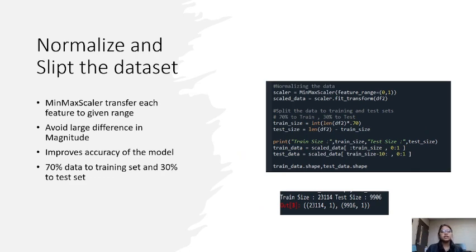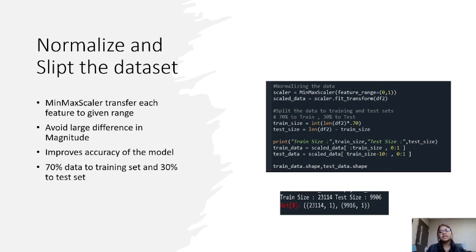Then the dataset is normalized using MinMaxScaler. The MinMaxScaler transforms each feature to a given range, that is 0 to 1 in this case. This is done because it helps to avoid large differences in magnitude of the data. It is also helpful in improving the accuracy of the model.